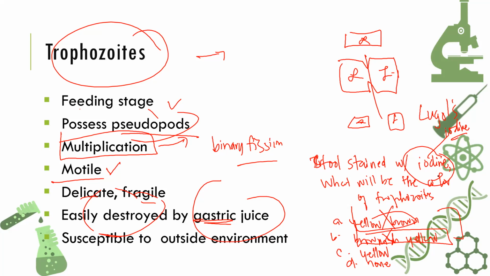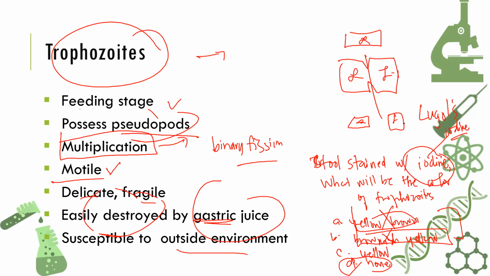The question is, what will be the color of trophozoites? The correct answer here is none. Why none? Remember what I've said: trophozoites are easily destroyed and susceptible to the outside environment.